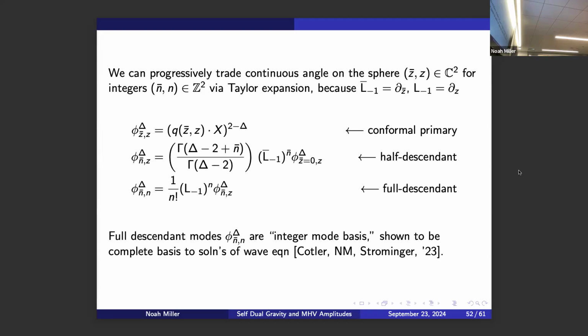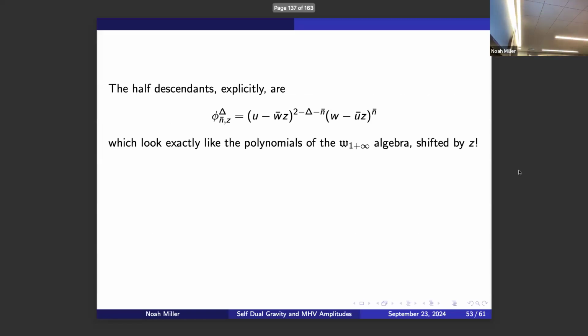These are the so-called integer modes, where you take z bar, put it at 0, and don't worry about the constant out front, that's just for convenience. The main thing is that you take descendants at the North Pole.